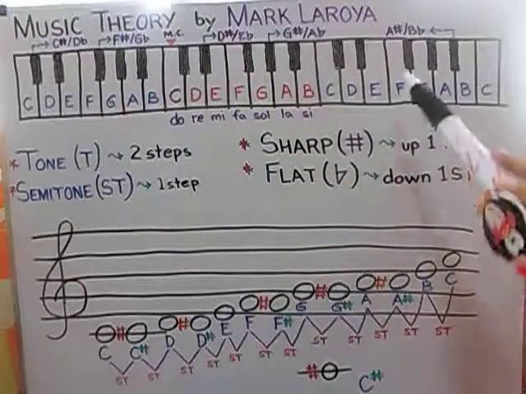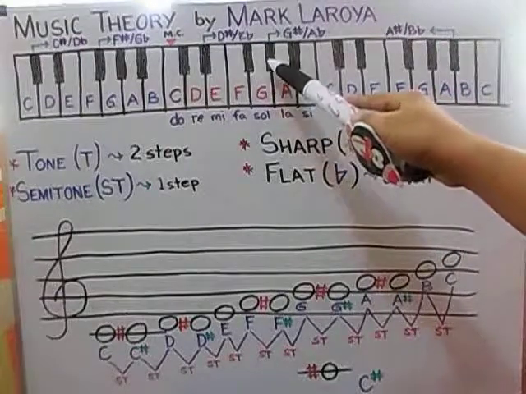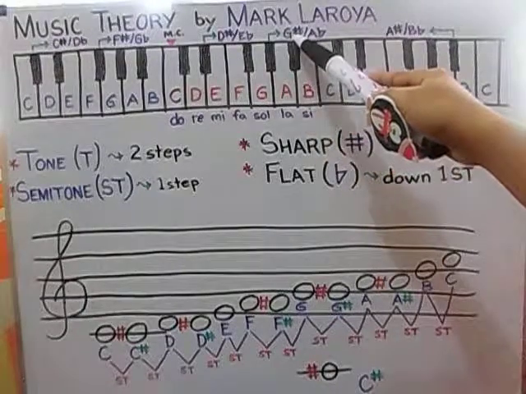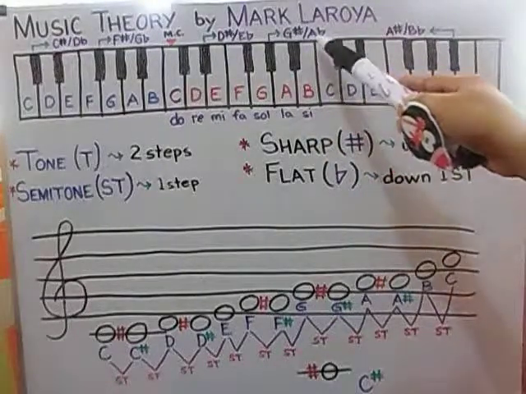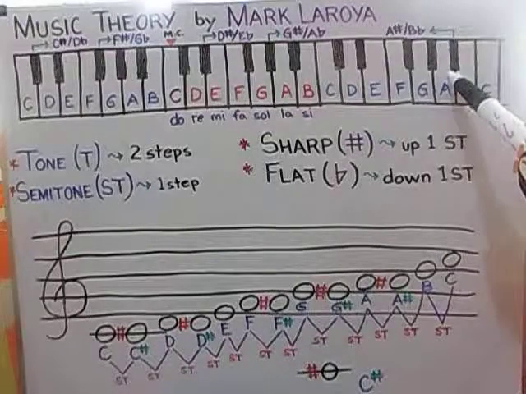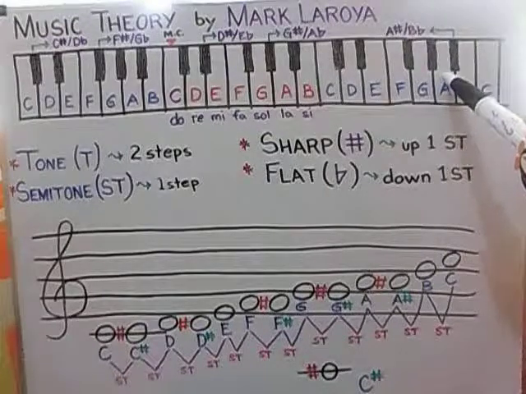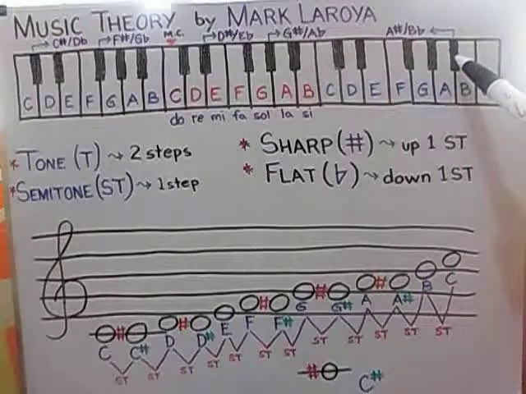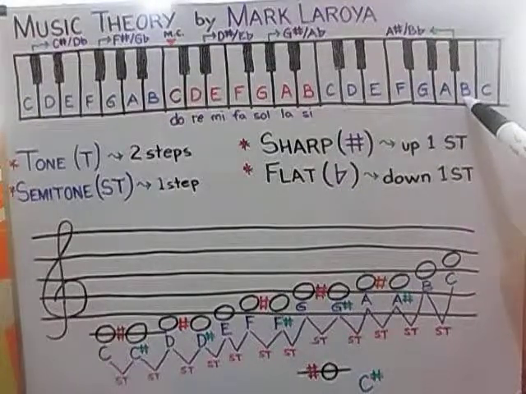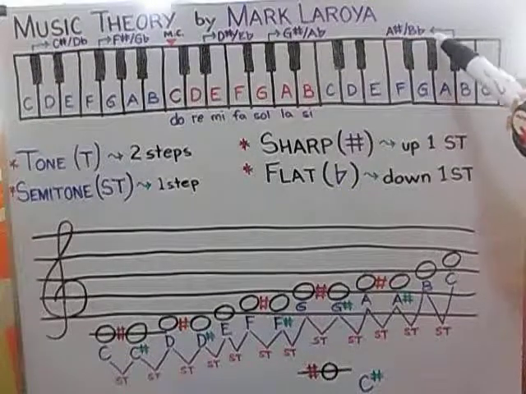Now, for this G, G sharp or A flat. And lastly, the last black key, A, one step up is A sharp, or from B, one step down, going to your left, one semitone is B flat.